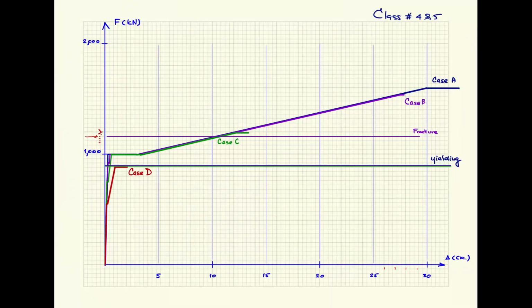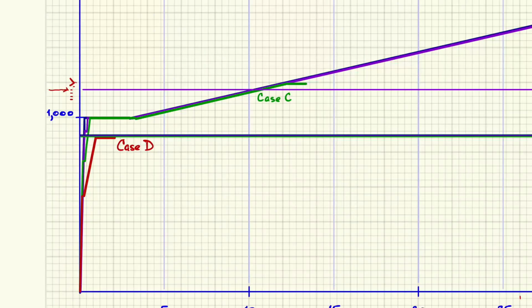Next, case C. Case C is 1200, right? Multiplied by 0.75, it is 900. It is the same.